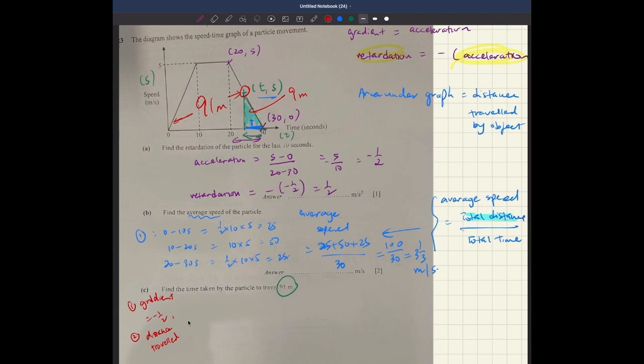So with that, we will first construct the equation based on gradient. So we say gradient equals negative half. Then that means S minus 0 over T minus 30 will be negative half. Then we cross multiply, we will get an equation like this. So this is equation 1. Then I can switch this around, and then this is equation 3.